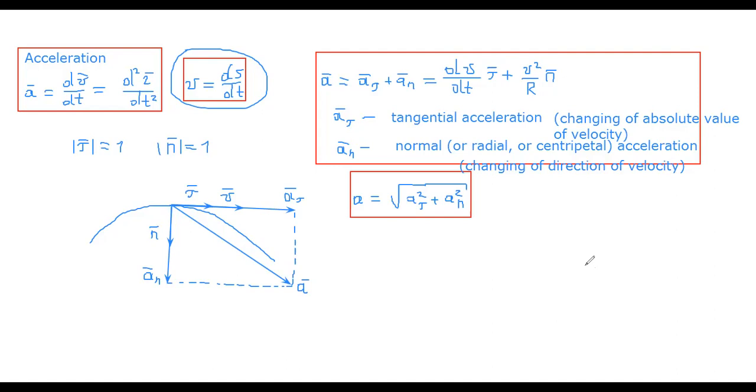Okay, let's have a look at the rotation of a perfectly rigid body. Perfectly rigid body, what does it mean? A perfectly rigid body is a material system. A material system is a set of material points.